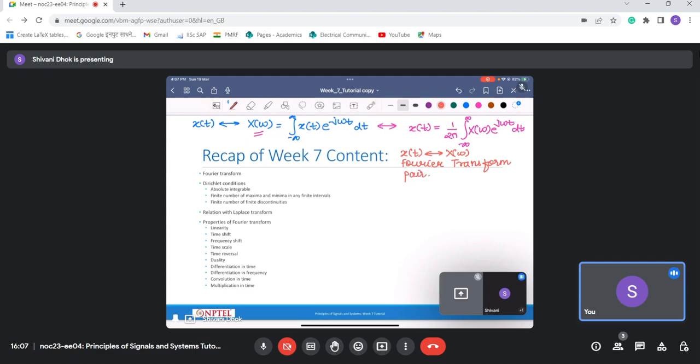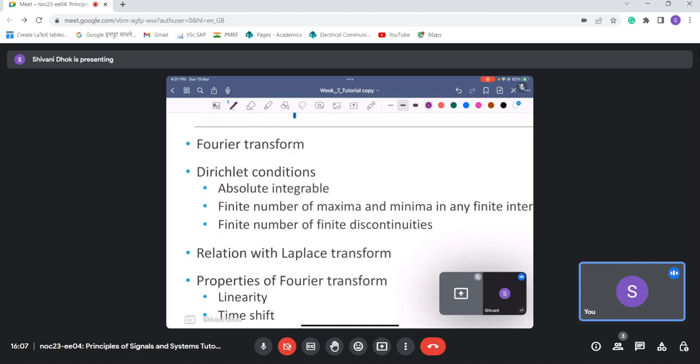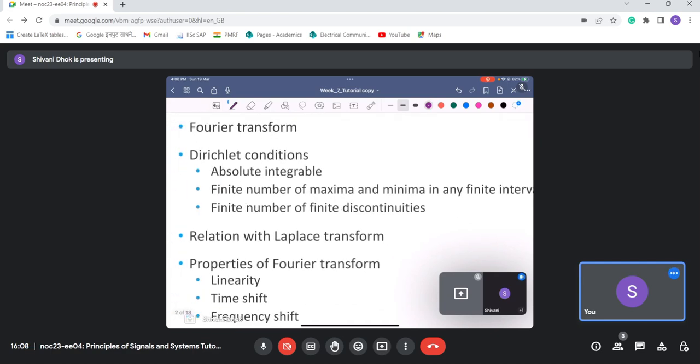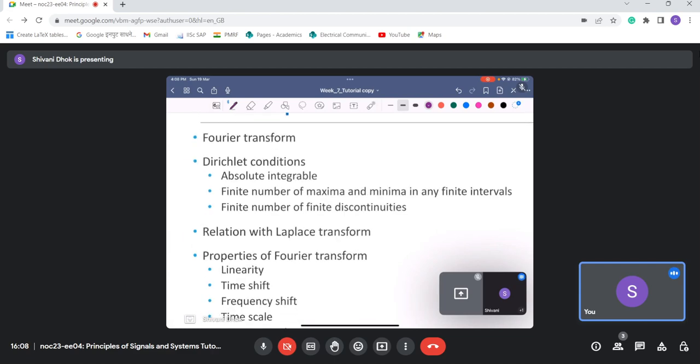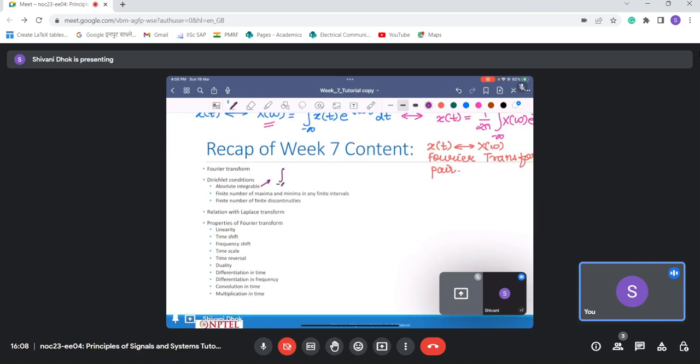Now after looking at them, next Dirichlet's conditions were analyzed. These are necessary conditions and not sufficient. The first condition says that if a signal x of t is absolutely integrable, that is, if we have integral from minus infinity to infinity mod of x of t dt less than infinity, then the Fourier transform of that signal exists.